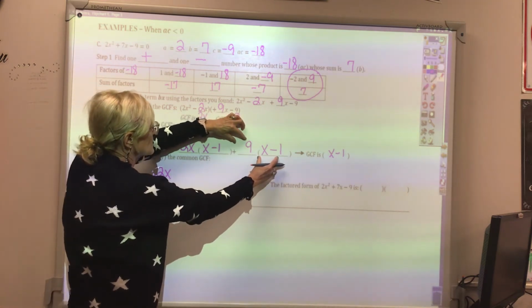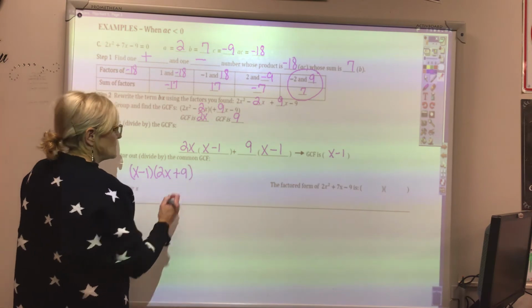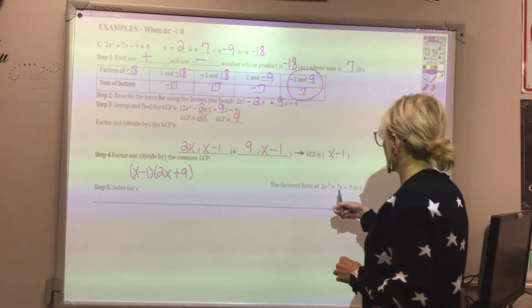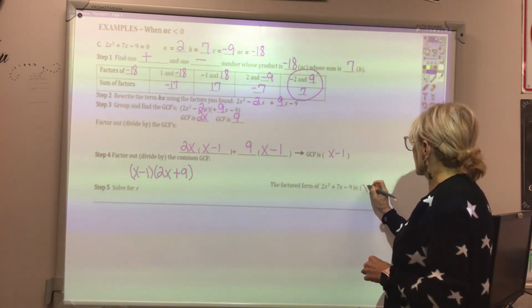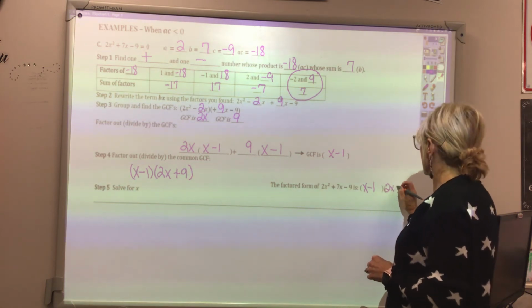And all that would be right here would be the plus 9. So that is our factored form of 2x squared plus 7x minus 9 would be x minus 1 times 2x plus 9.